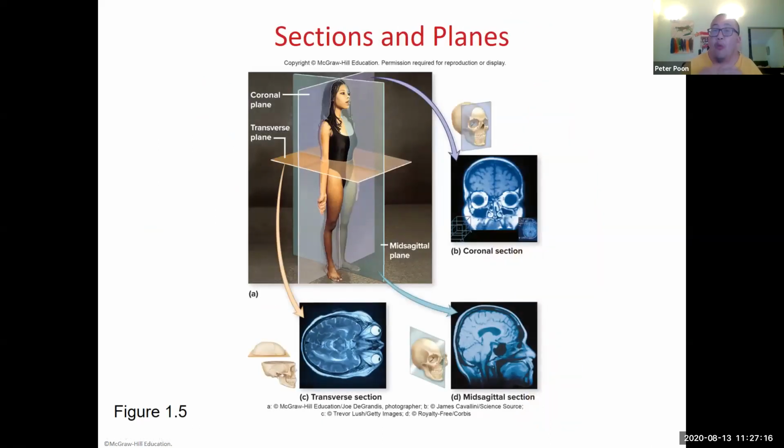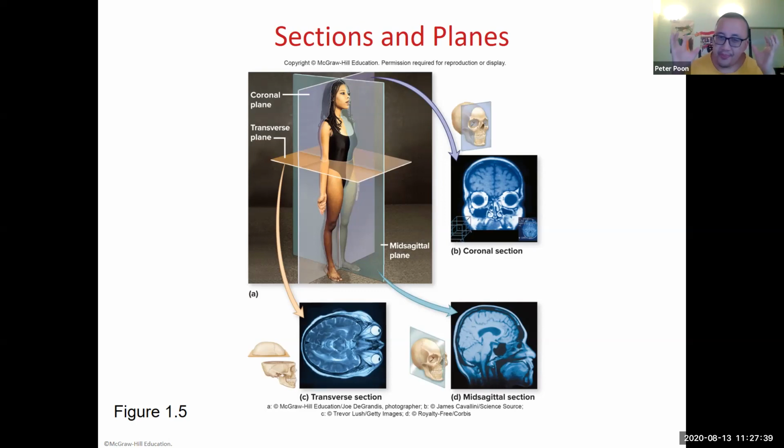Okay. One of the ways that we used to study anatomy, and this was one of the more disturbing things I ever had to see, was to take a human body and literally cut it into slices and look at each individual slice.